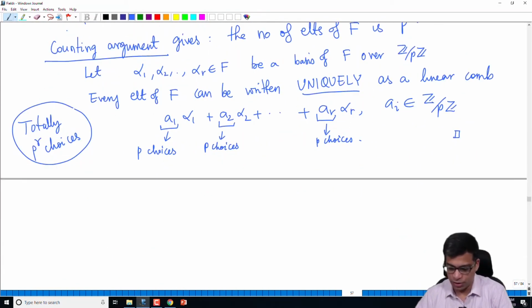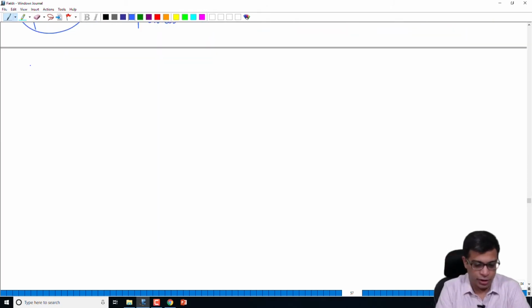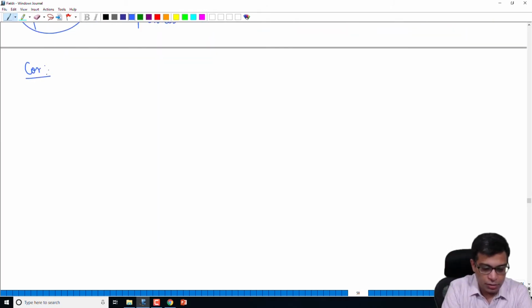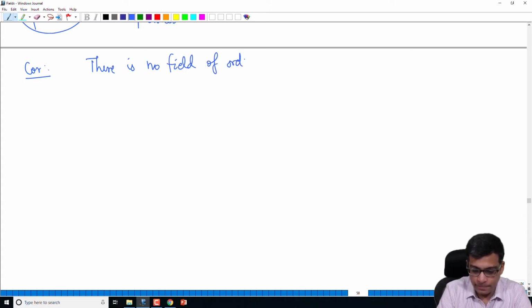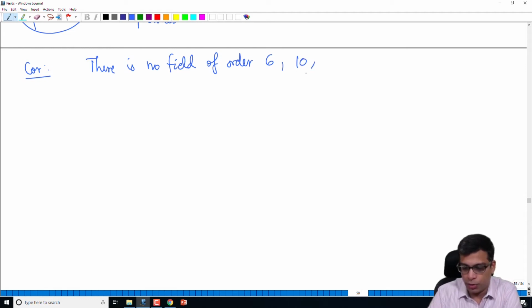So I am doing this because I have written the next theorem already. So corollary is, as a simple example, there is no field of order 6, right? There is no field of order 8. Sorry, order 8 is not a problem, but 10, 12 and so on, right?